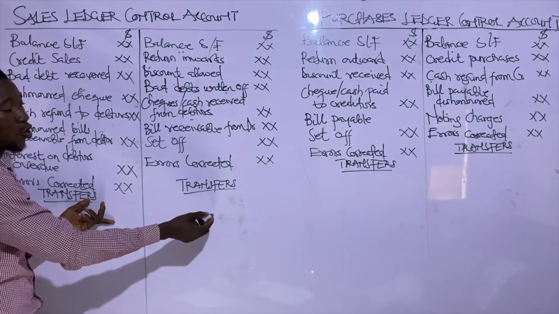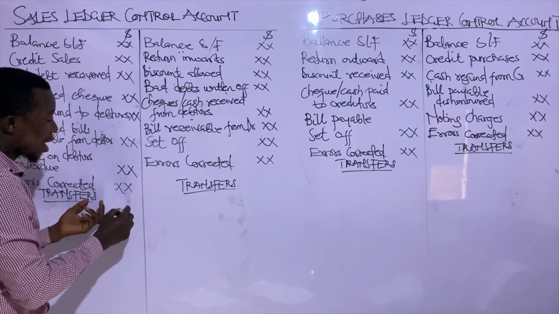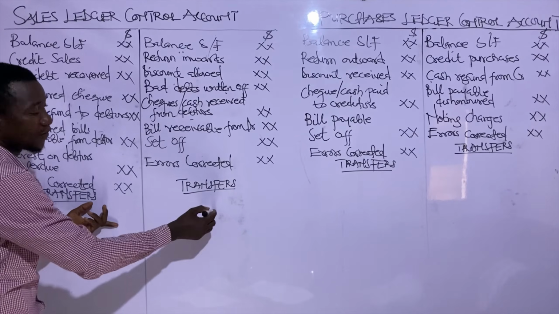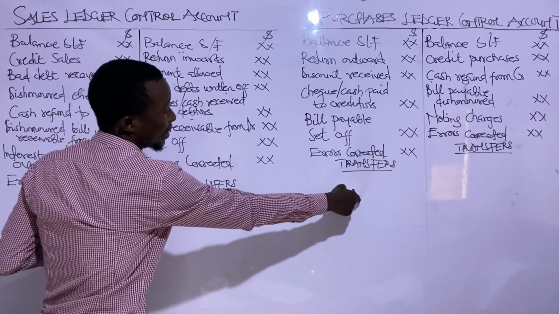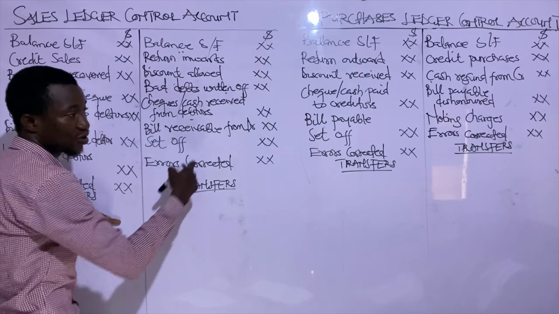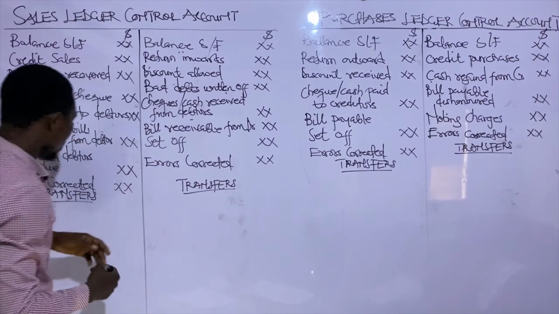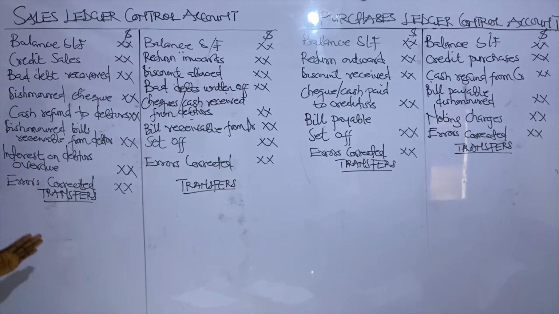We need to record at the opposite side, the credit side, to write off this 500, to transfer this 500, or to cancel this 500. Then we make the right entry in the purchases ledger by debiting, because every credit entry should have a corresponding debit.